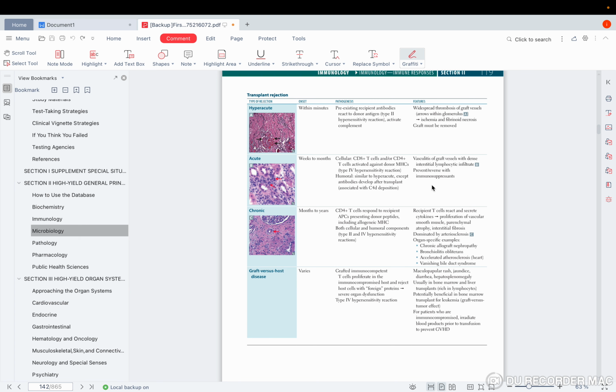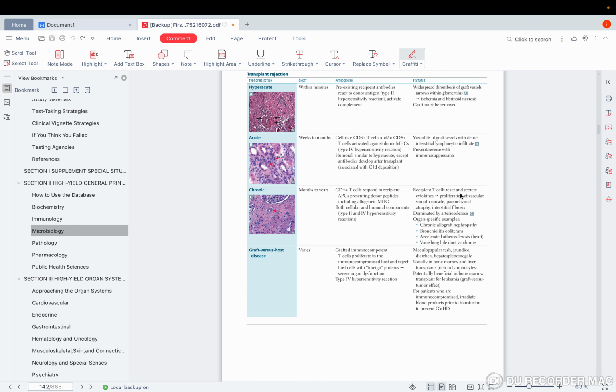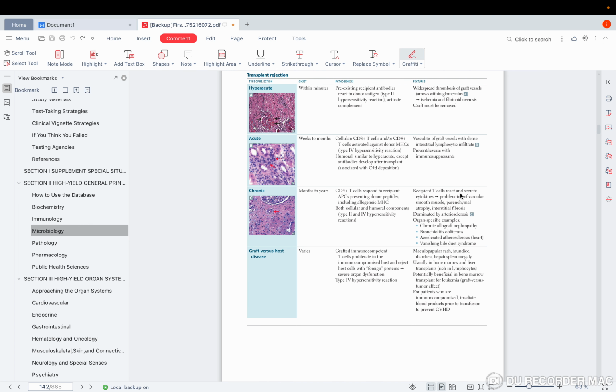Okay. If now we're speaking about transplant rejection. If you get a question regarding someone who got a transplant and exactly 6 months later, they love to tell you 6 months. Why? Because it's at the margin between acute and chronic. So you cannot say it's chronic, you cannot say it's acute.